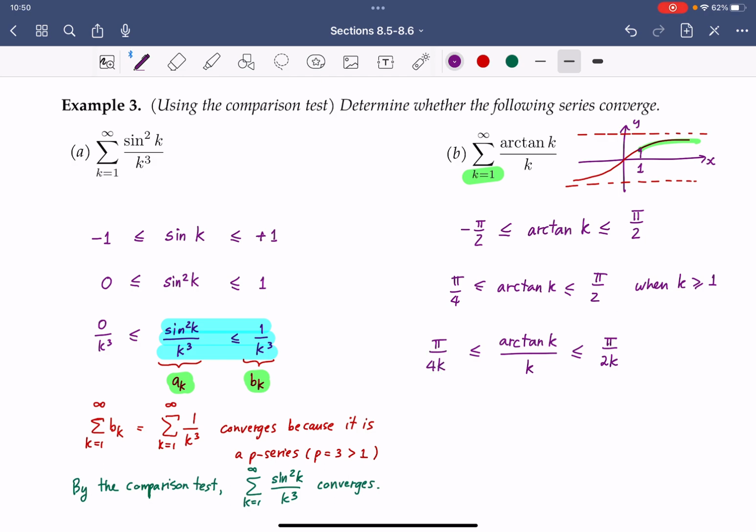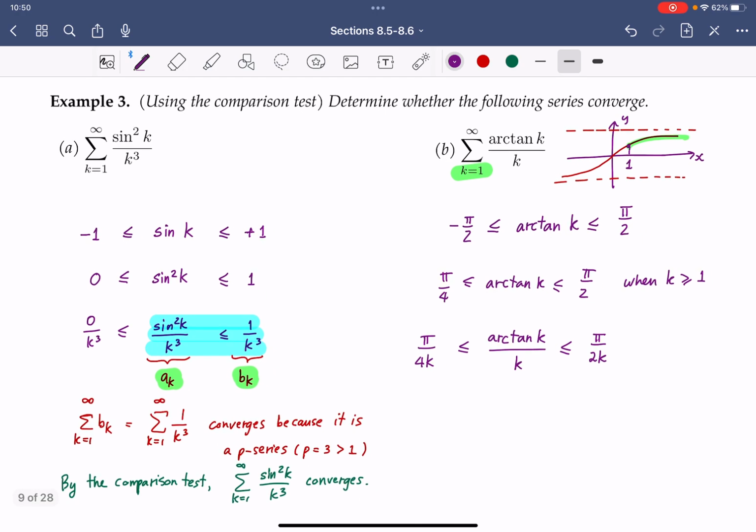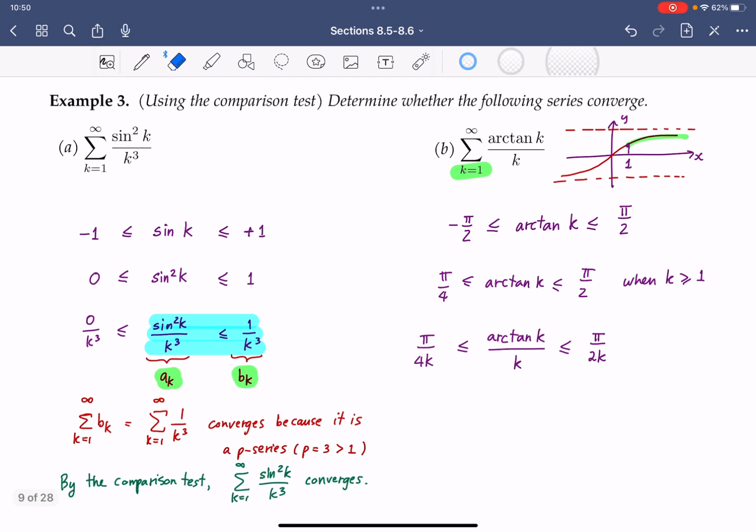So what is next? How do you use the comparison test? The thing that you have here, arctan K over K, is A subscript K. Now what is your B sub K here? So think this way first, don't copy yet.